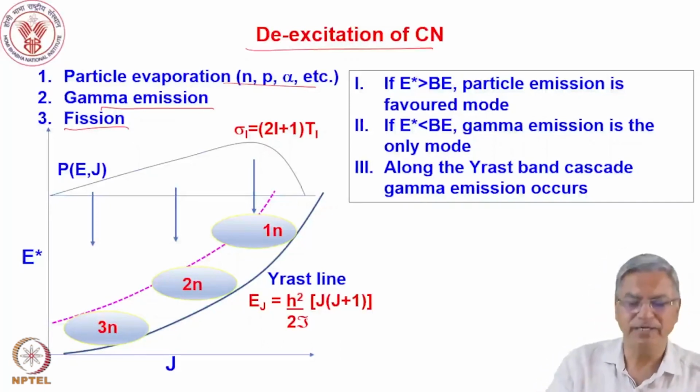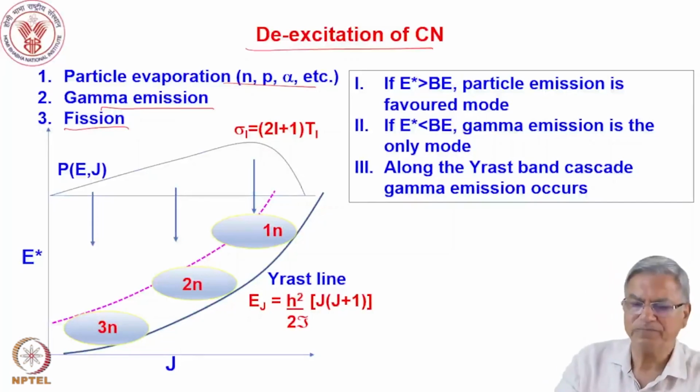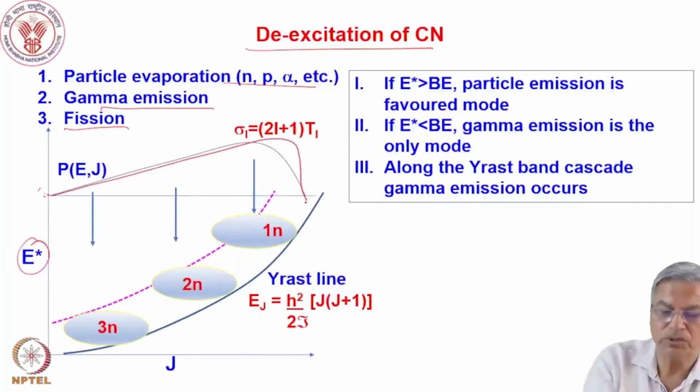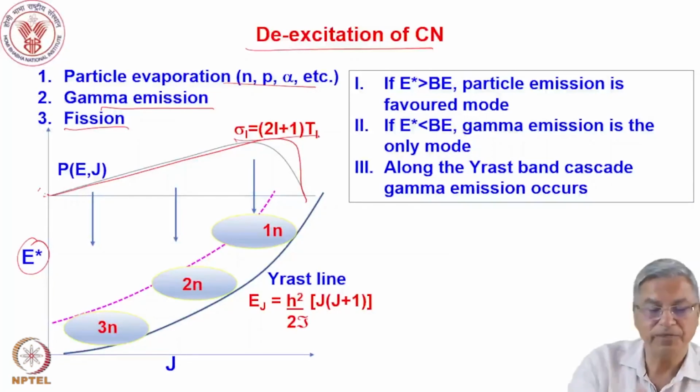I'll try to explain this by the diagram here. The compound nucleus has two parts: one is the excitation energy, the second is the J. Here I have given the angular momentum population, 2L plus 1 times T_L.